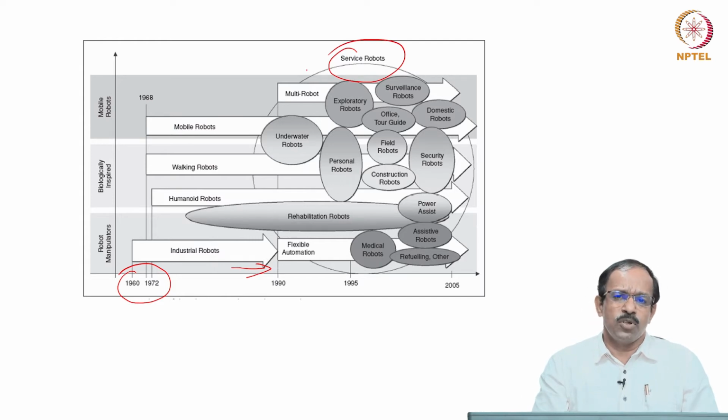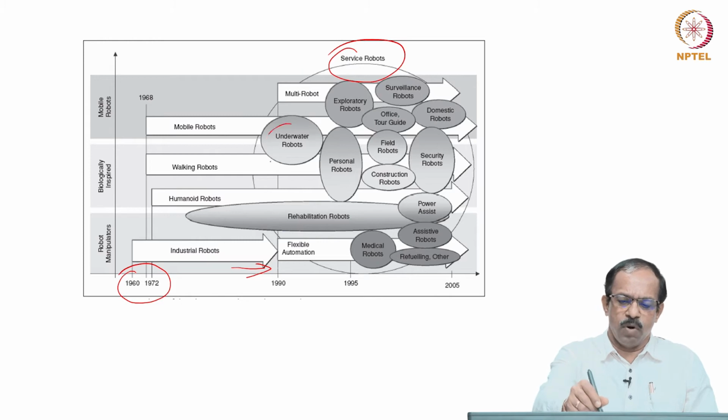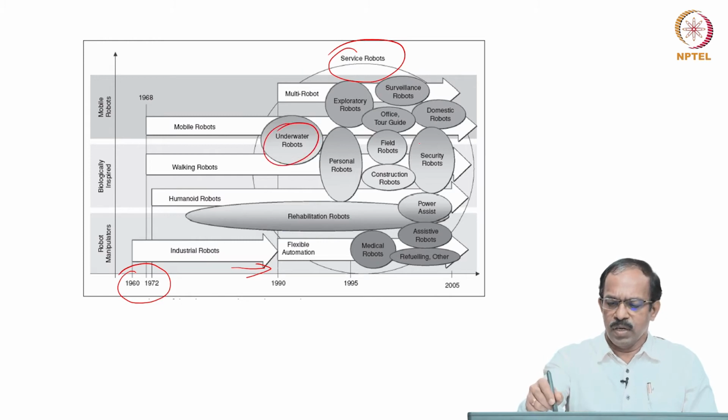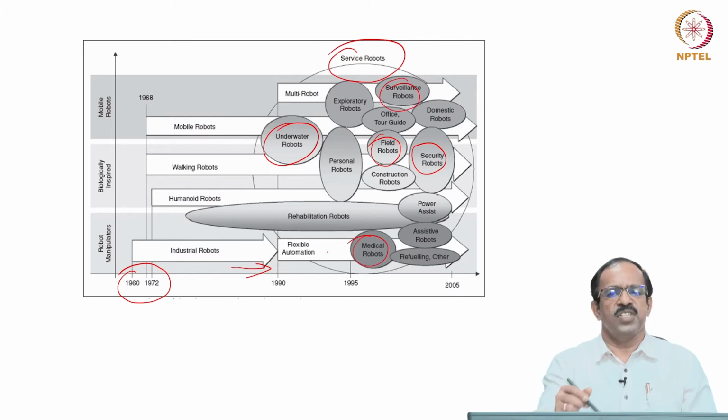These field and service robots play a major role now, because all the technologies developed for industrial robots, and the technologies developed in the research centers for mobile robots, walking robots, and humanoid robots, come in handy in developing new applications for robotic technology. And that is why we have underwater robots, security robots, field robots, surveillance, aerial robots, medical robots, etc.